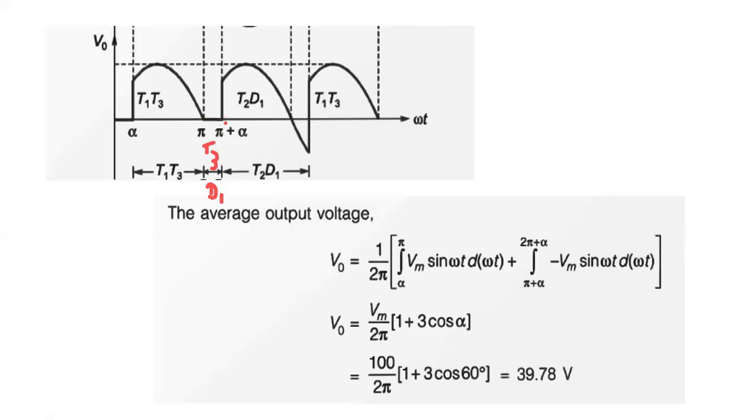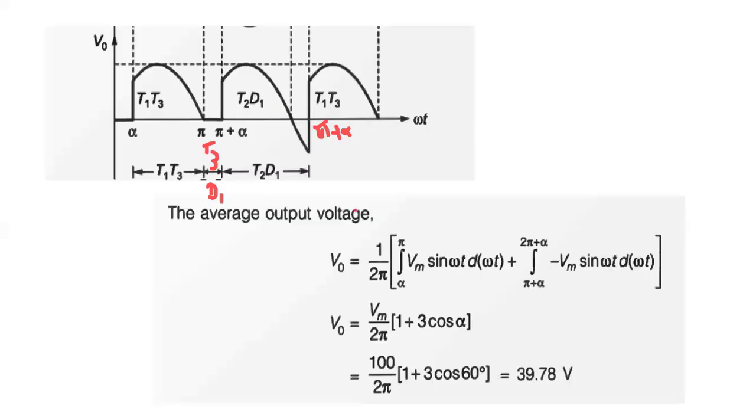Then from pi plus alpha, when T2 is triggered, the T2 and D1 combination will conduct. So the output voltage will be the mirror image of the input voltage, which is minus Vm sin omega t. This combination will conduct until T1 and T3 are fired again at 2 pi plus alpha. So this is the output voltage waveform.